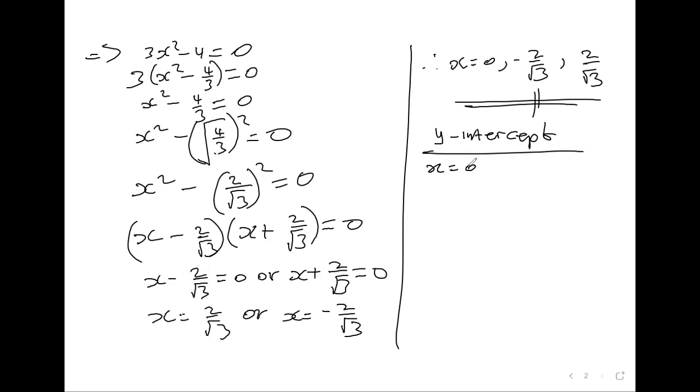So when you substitute 0 where x is in the given function, we obtain y equals 0. So we have gotten all the intercepts. It remains now to sketch the function. So we can sketch the function.